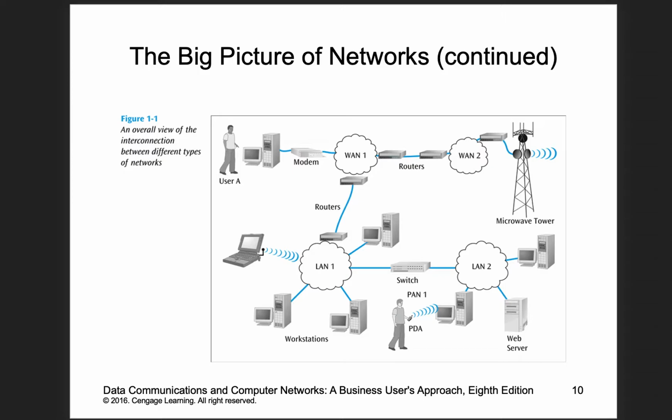The guy working in Walmart is trying to send an email from, for example, SoundCloud to the headquarters, and the signal from user A will move from the workstation to the modem to the WAN and across the router to another, could be interstate, and it will reach the LAN area.